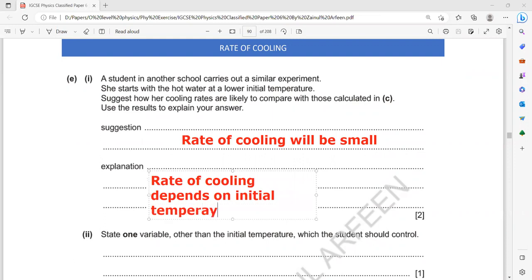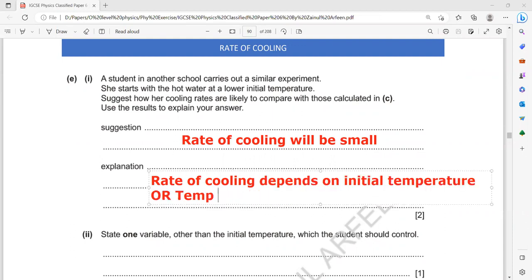You can also mention that it depends on the temperature difference between the liquid and the surroundings or room.